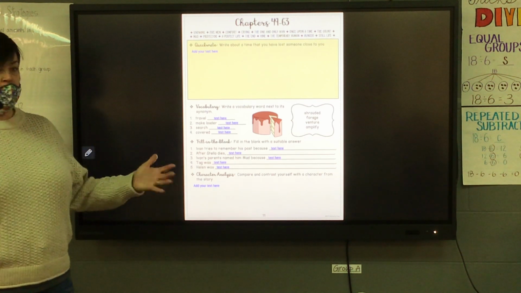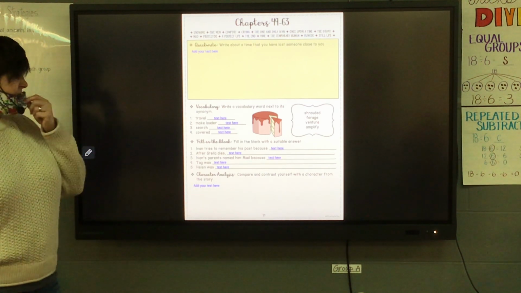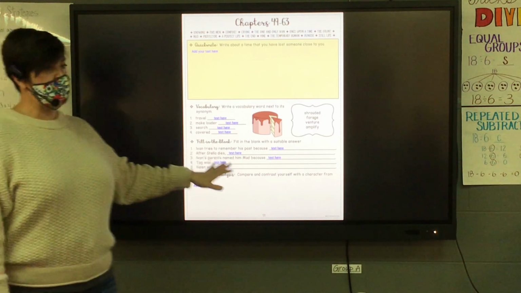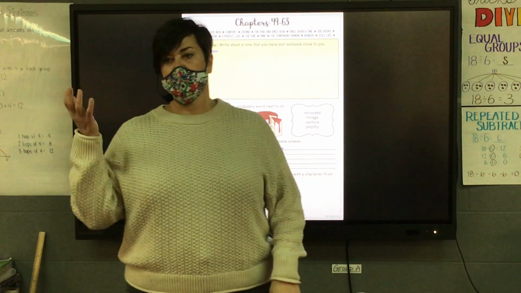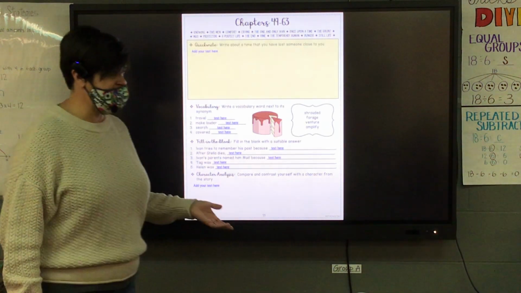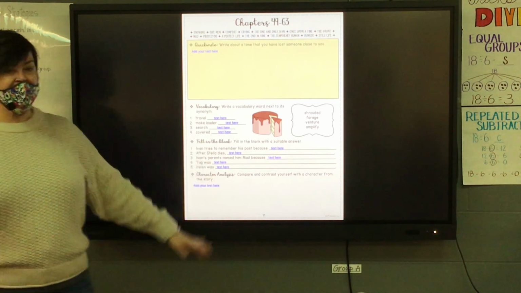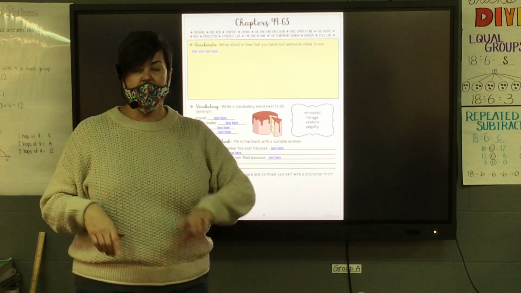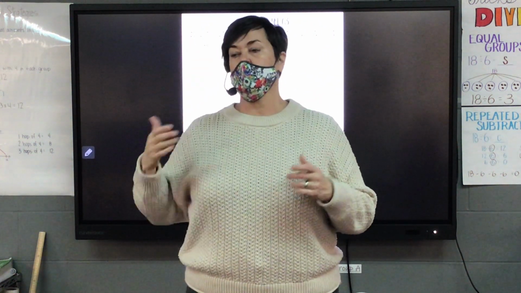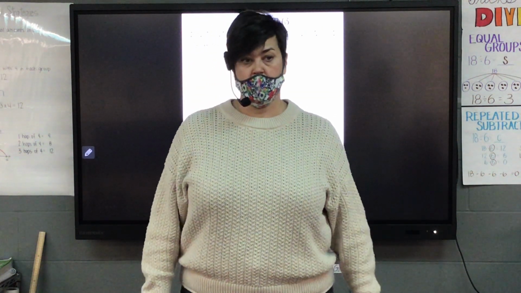As we are reading through this, do you see this bottom part on that first slide? It says character analysis. Compare, that means you're finding things that are the same, and contrast, that means you're finding things that are different. Yourself with one of the characters so far. So maybe you want to compare and contrast yourself to Ruby.